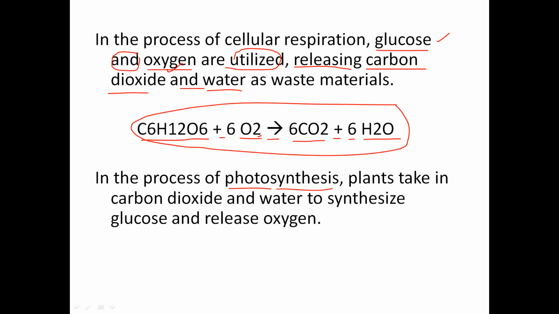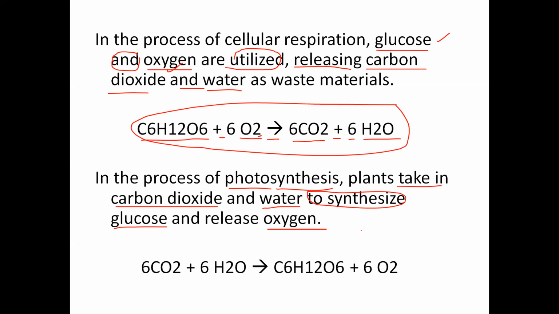So in the process of photosynthesis, plants take in, so that will be the beginning of the reaction, the following: carbon dioxide, so these are the reactants, and water. Now the word to synthesize, okay, means to create or to combine. That will be the arrow sign, okay? The products are glucose and oxygen.